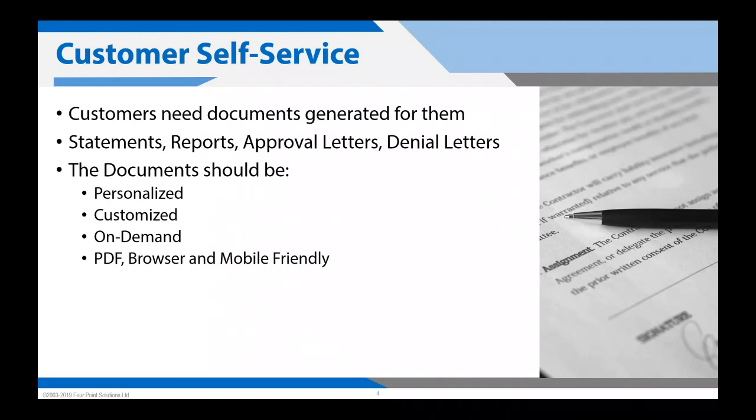And consumers expect that these documents should be personalized, customized, available whenever they want them, and available to them in browser and mobile-friendly ways so that they can see that information on whatever device that they're using whenever they're using it.